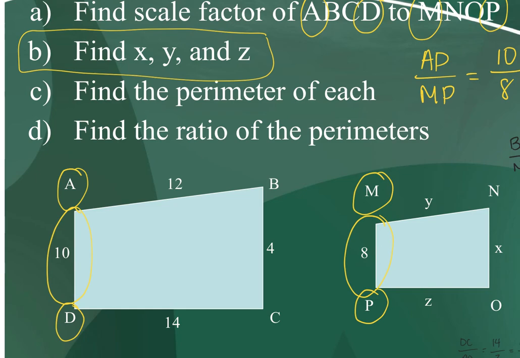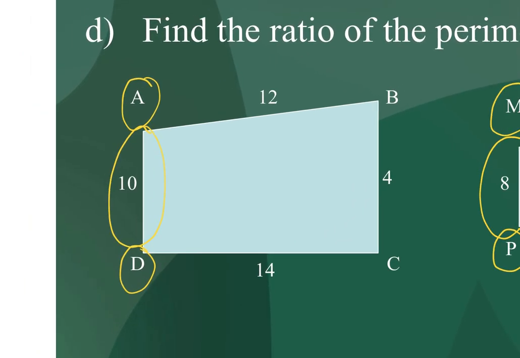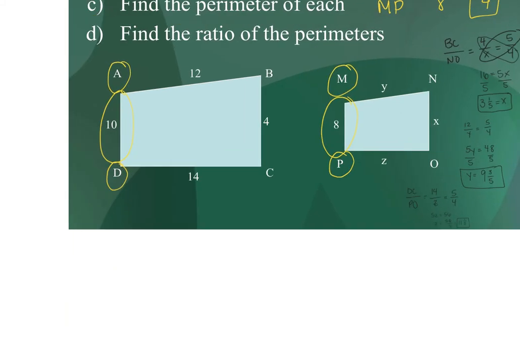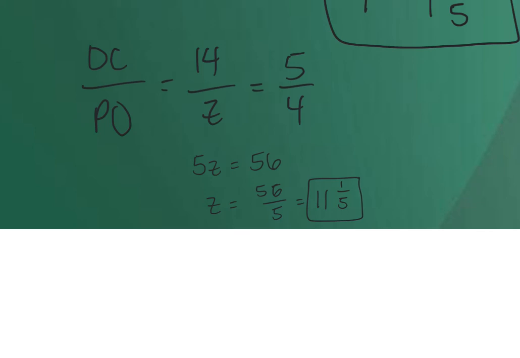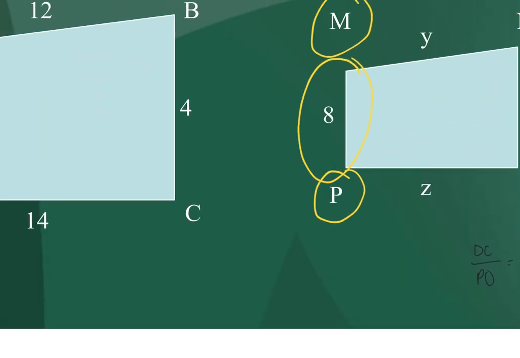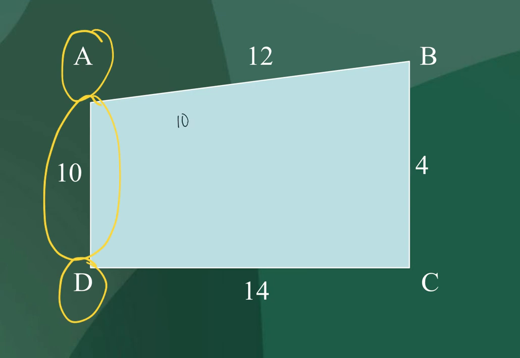What's the perimeter of the first one? 11 and 1/5. What's the perimeter of the first one? Good, 40. 10 plus 12 plus 4 plus 14 equals 40 units.